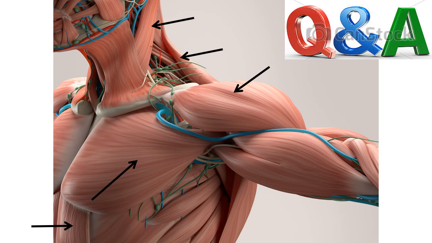Now, what is this muscle? This muscle, as we can see, is on the side of the midline, and the fibers are perpendicular, and therefore it is the rectus abdominis muscle. What is this muscle? The shape of this muscle is telling me that it is made of several slips on the side of the chest.